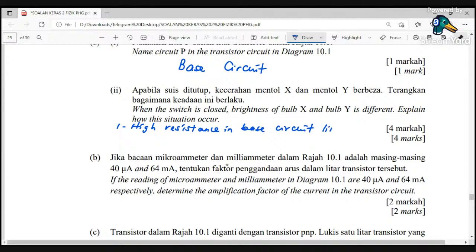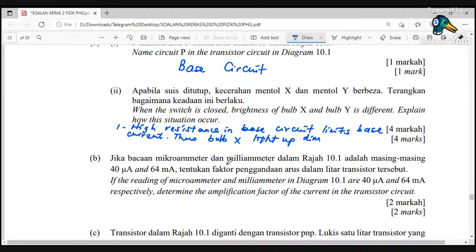Limits base current. Thus, bulb X light up dimly. Means I have 2 points already here.